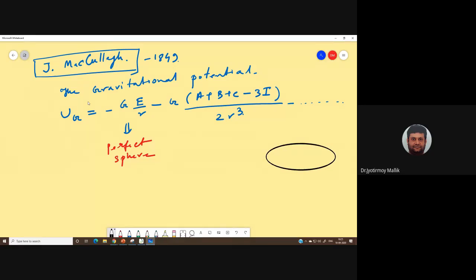So we said this is C, this is B, and this is A, right?